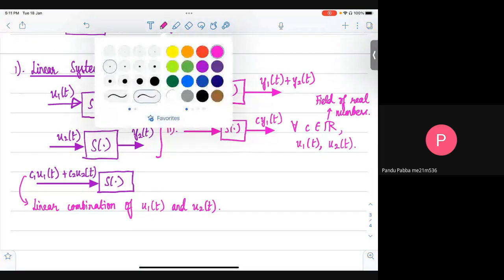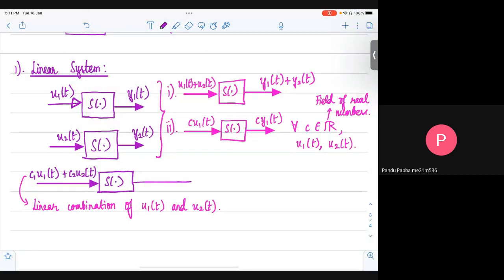If the system were linear, what should happen is that the output should be C1 Y1 plus C2 Y2, for all C1 belonging to the field of real numbers and all C2 belonging to the field of real numbers.